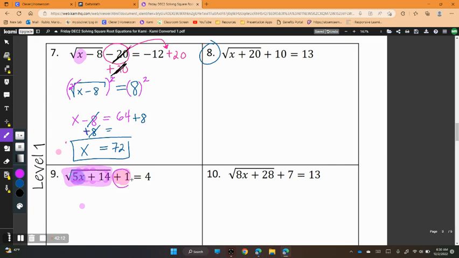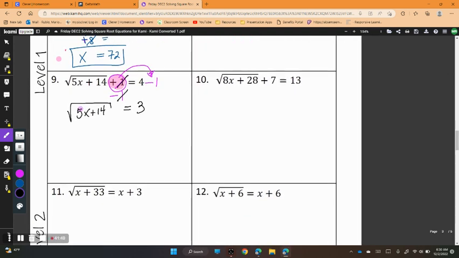Let's do what we need to do first. We've got to bring this 1 to the other side. So I'm going to subtract 1 from both sides so that this 1 and this 1 cancel each other out. Bring down my 5x plus 14. Bring down my equal sign. I've got 4 minus 1, which is 3. Now I'm ready to cancel out the radical.